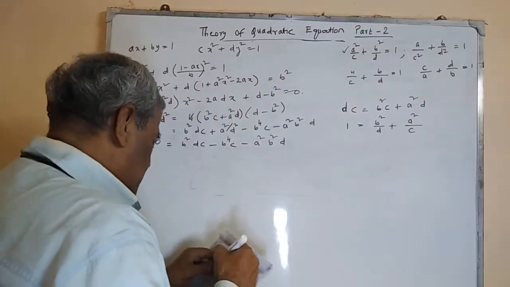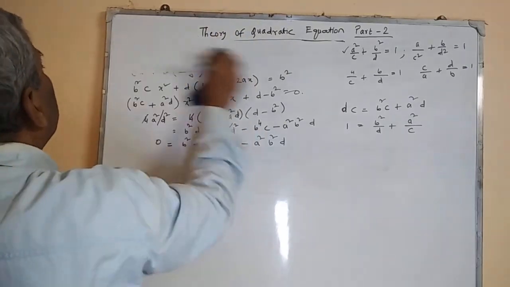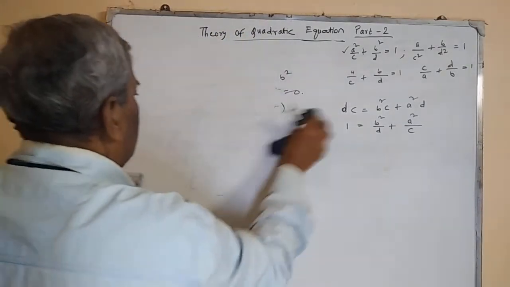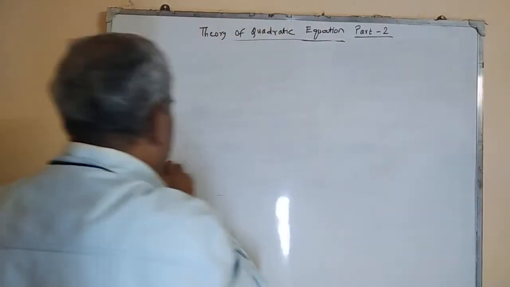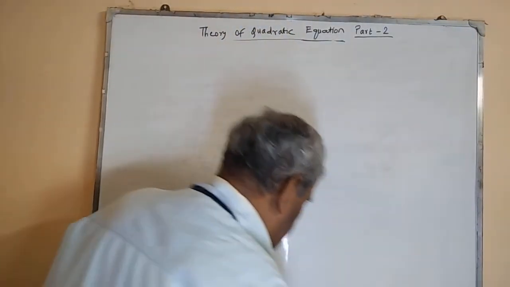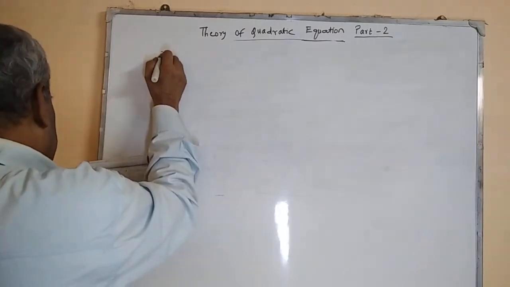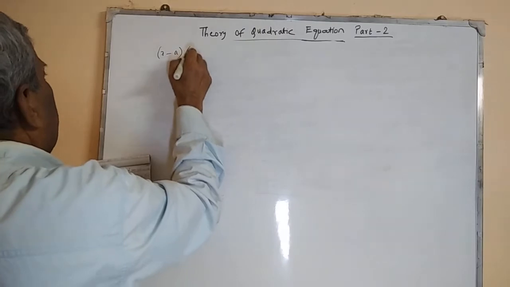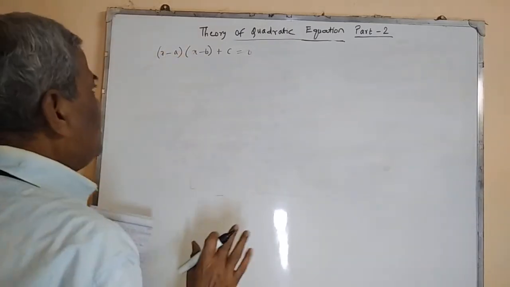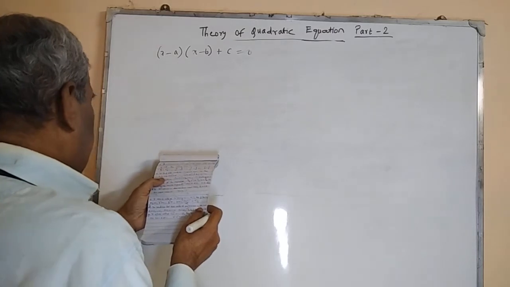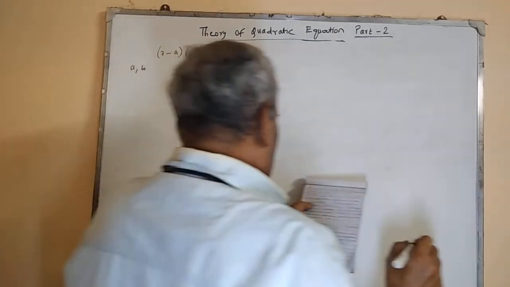So next problem. If p and q are roots of x minus a into x minus b plus c is equal to 0, a quadratic equation given that its roots are p and q, then a and b are roots of, and four options are given.